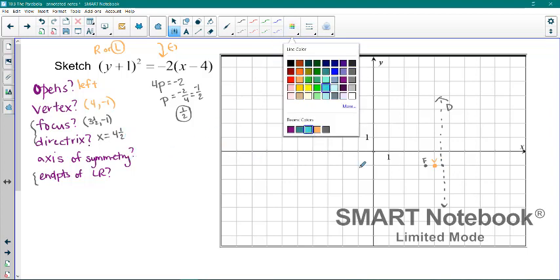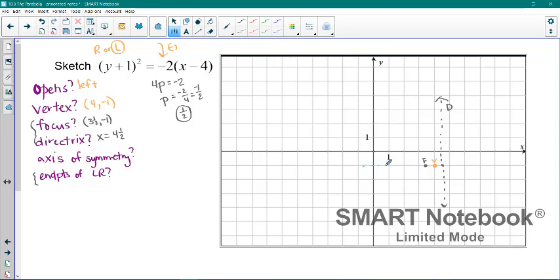The axis of symmetry will pass through the focus and the vertex. So the axis of symmetry has the equation y equals, and it has the same y value that the focus has, that the vertex has, and that is -1.